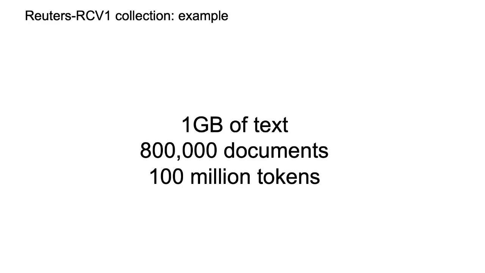So I really mean these are 800,000 documents or files, and the total size of these 800,000 documents is 1 gigabyte. This is what is meant here. And if you look inside, you will see that there are 100 million tokens. I really mean token, meaning the original tokens in the collection, right? Positional tokens. So there are 100 million tokens in my collection.